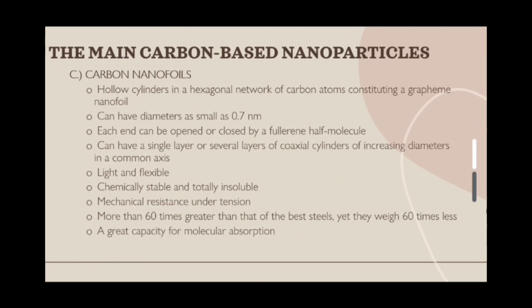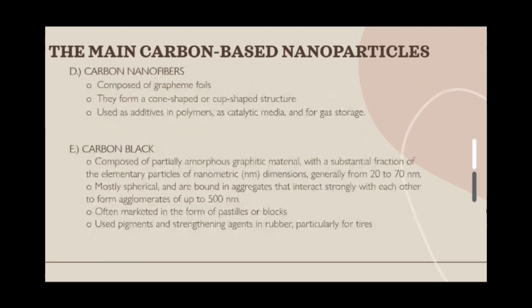They are chemically stable, totally insoluble, light, and flexible. Carbon nanofoils exhibit unique properties such as high thermal conductivity, mechanical flexibility, and electrical conductivity. They find applications in electronics, thermal management, catalysis, and energy storage.